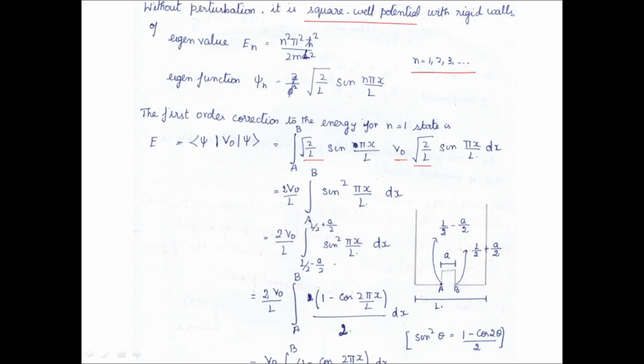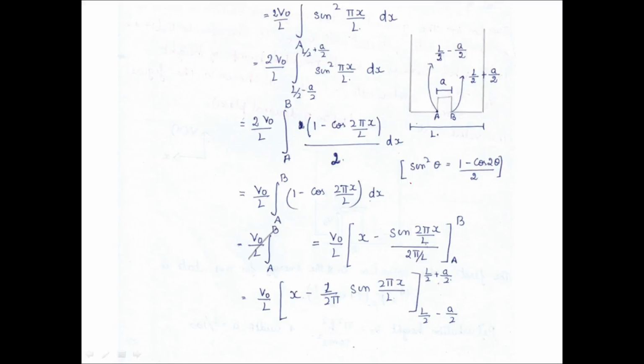Now we have to find a way to integrate the sine square term. Sine squared theta can be written as (1 minus cos 2 theta) divided by 2. Therefore, this term can be simplified as (1 minus cos 2 pi x divided by L) divided by 2. So this 2 can be taken outside and it will cancel with this 2.